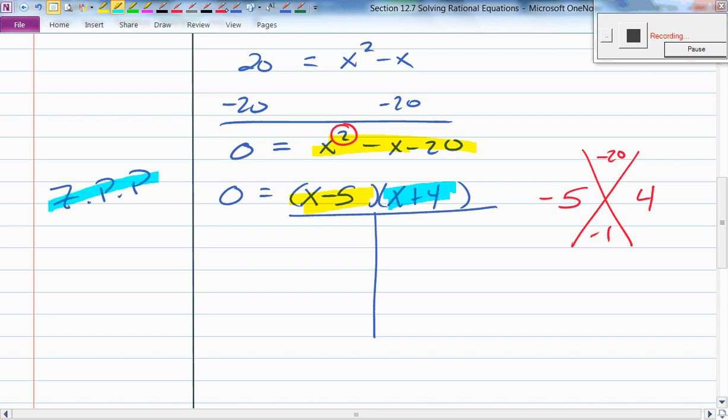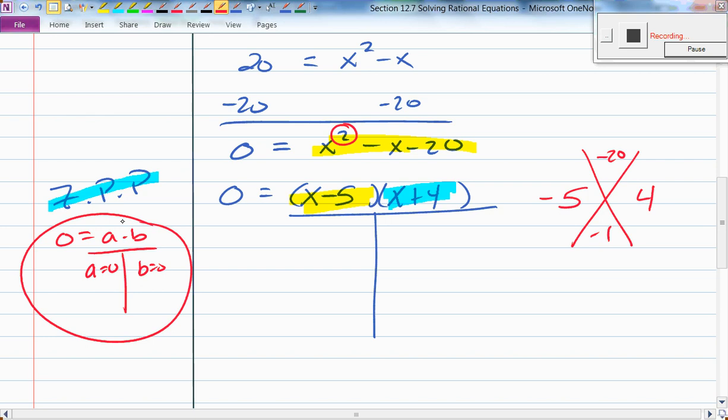The zero product property says that if 0 equals A times B, then either A is 0 or B is 0. So that's a blast from the past. So either x minus 5 is 0 or x plus 4 is 0. You guys following this? So what are my two answers?